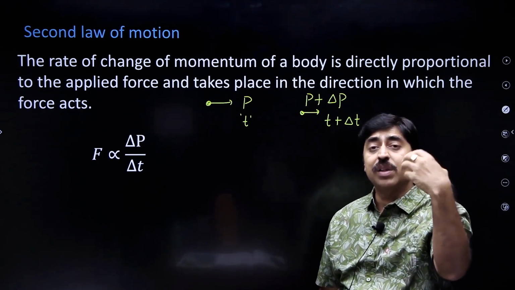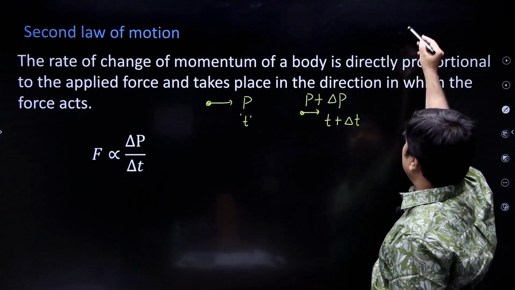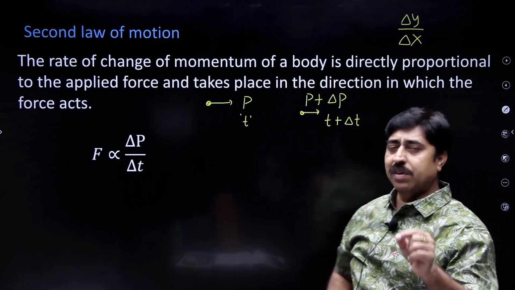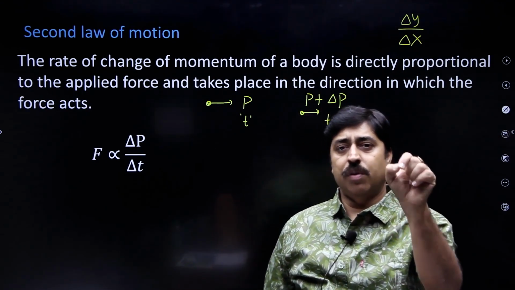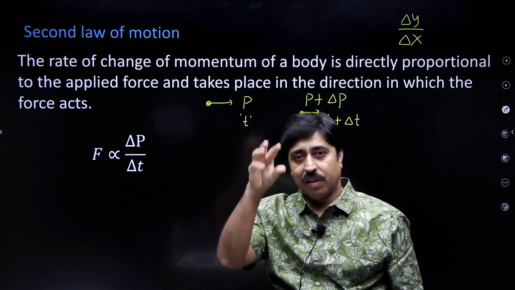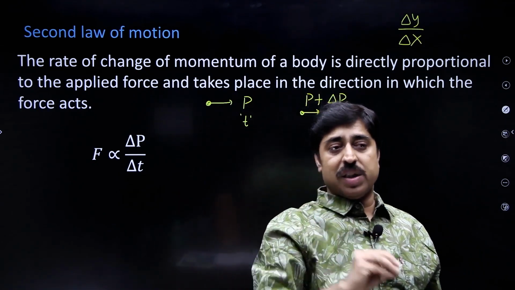So what is the rate of change of momentum with respect to time? Delta p by delta t. When I write delta y by delta x, its meaning is the average rate of change of y with respect to x. So delta p by delta t is the average rate of change of momentum with respect to time.